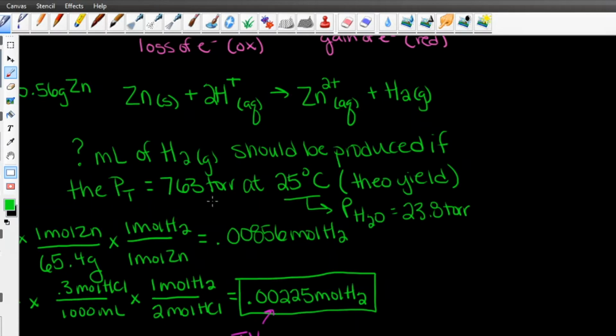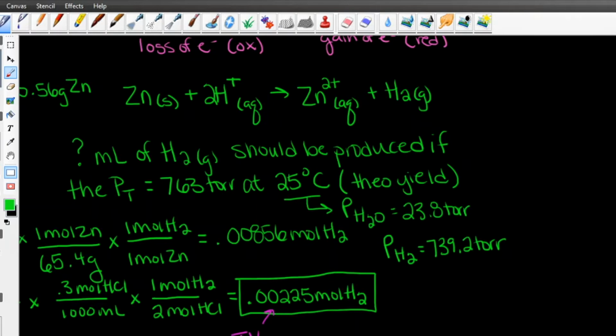So if that's 23.8 torr and my total pressure is 763 torr, the pressure of my dry hydrogen gas is those two values subtracted: 763 minus 23.8 gives a pressure of 739.2 torr.